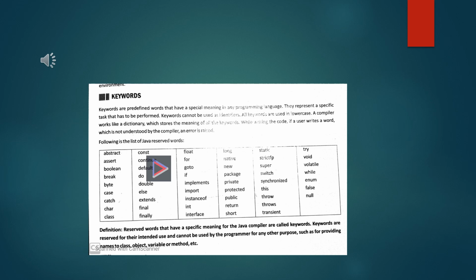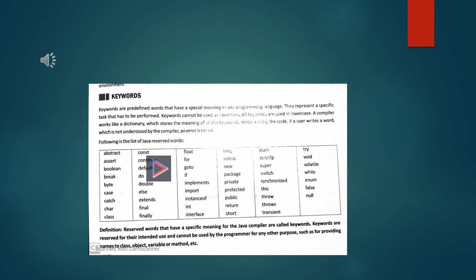The compiler works like a dictionary. It stores the meaning of all these keywords. While you are using a keyword in your program, the compiler finds its meaning from the dictionary and uses it for that purpose. If the compiler does not understand a keyword that is not present in its dictionary, it will give you an error message.